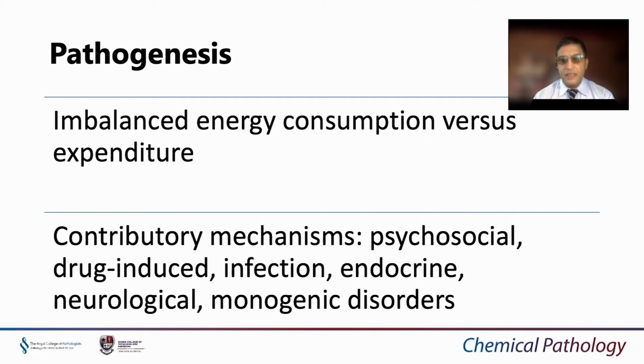It is essentially a consequence of an imbalance between the amount of energy consumed and the amount of energy expended. The complexity of obesity is underlined by various contributory mechanisms, and these include psychosocial, drug-induced, infection, various types of endocrinopathies, neurological, as well as monogenic disorders.